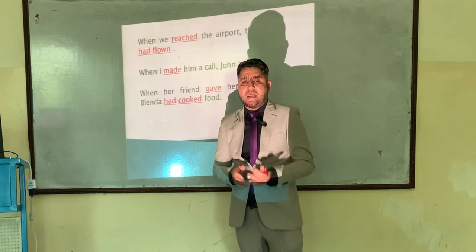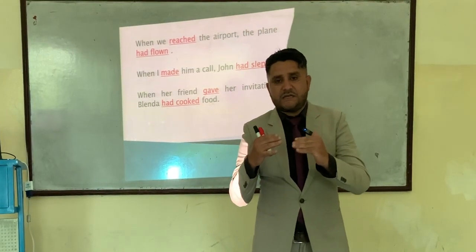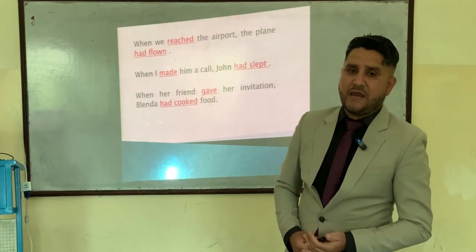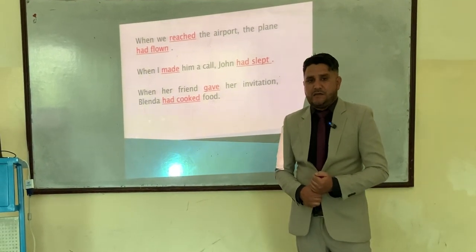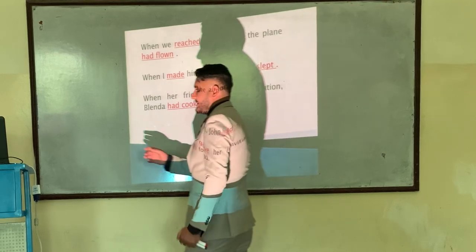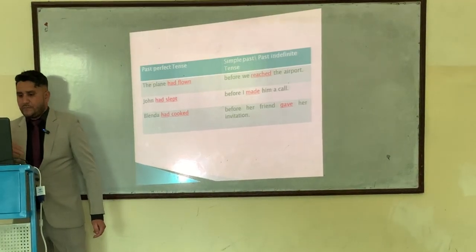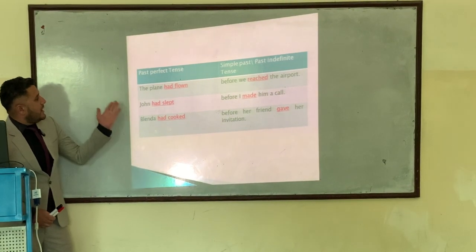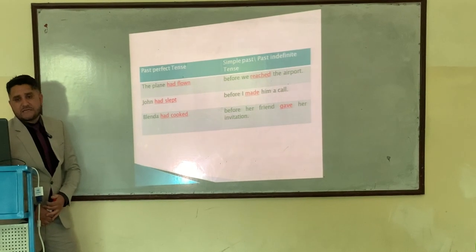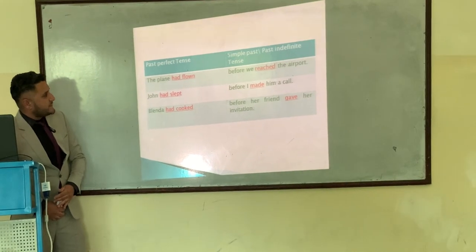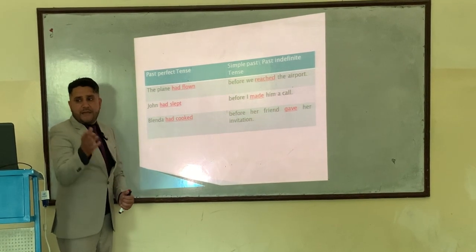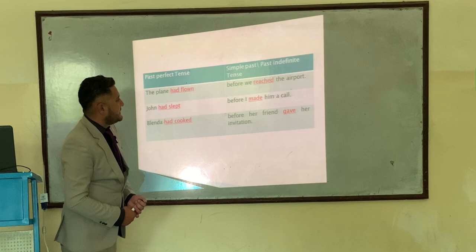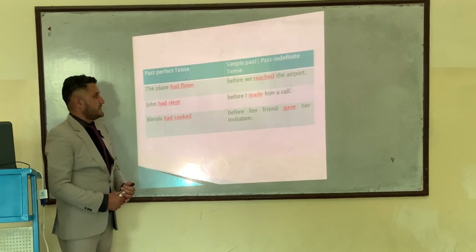I would repeat for your clarification: if two actions in the past occur at the same time or in parallel, the action which is completed first would be in the past perfect, as it's here. The plane had flown, this was first, that's why it's in the past perfect. And before we reached the airport, it's completed later, that's why it's in the simple past.